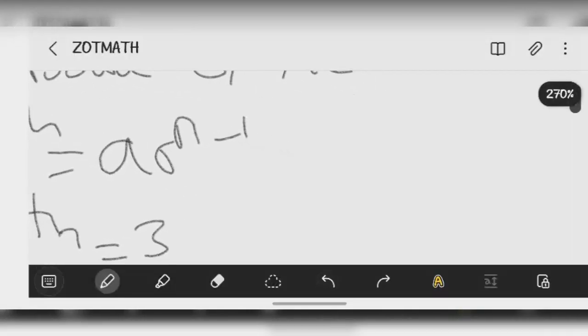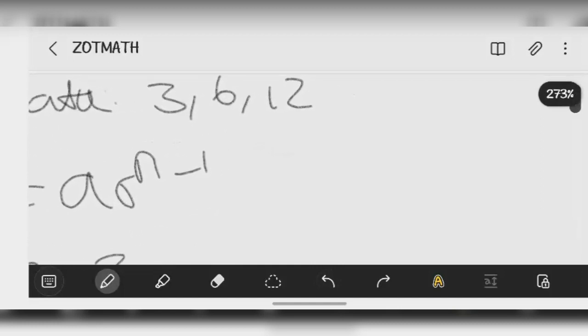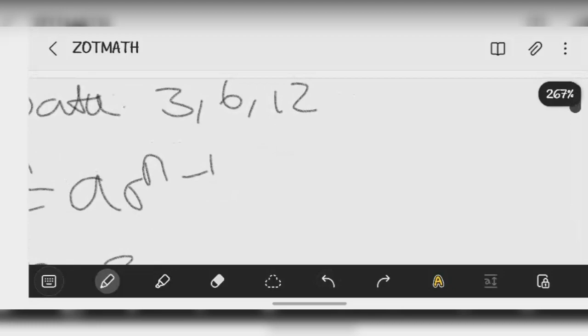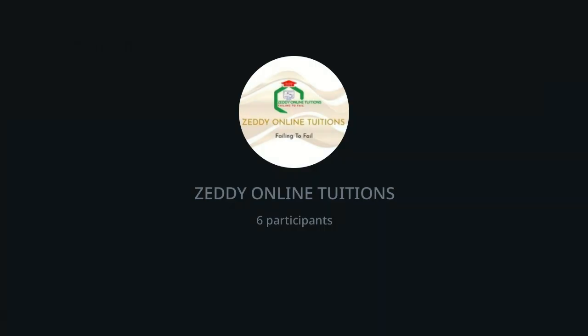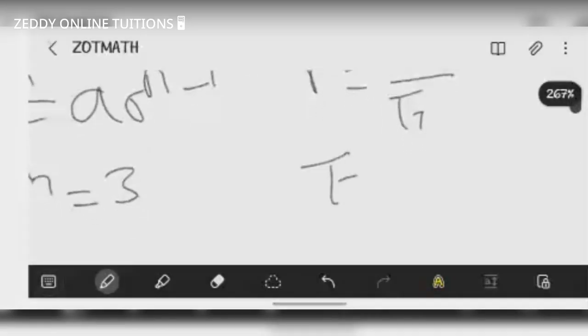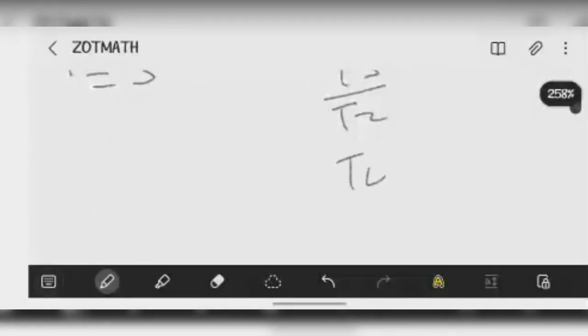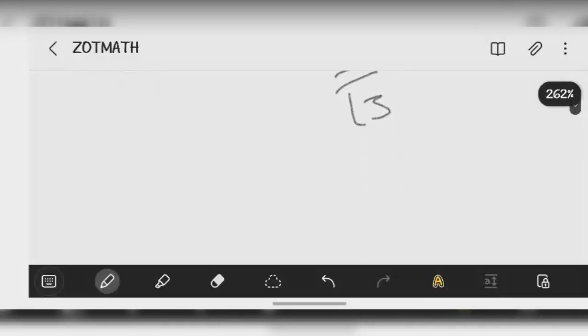Now, how do we calculate the common ratio? The common ratio r is given by T2 over T1, or T3 over T2. It may even be T4 over T3, or T5 over T4. It doesn't end.